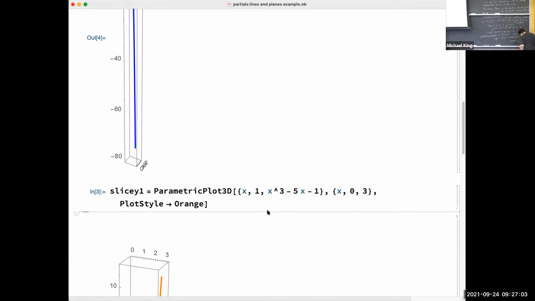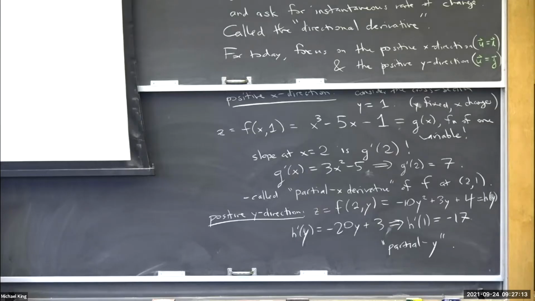All right, so let me just write a few things about this. It's really just the derivatives in each of those directions, so that's easy enough.